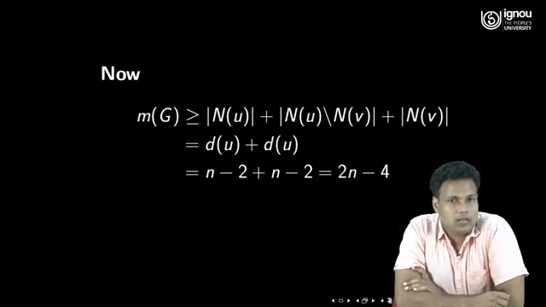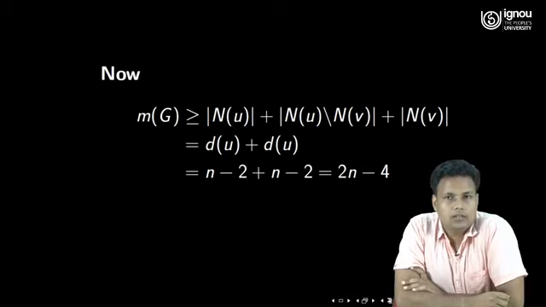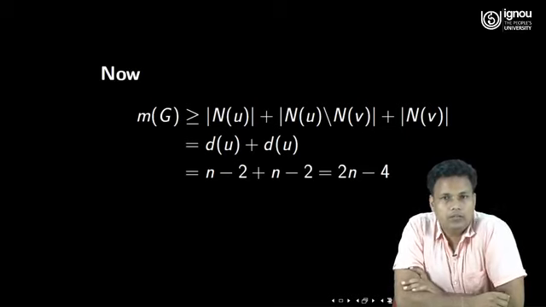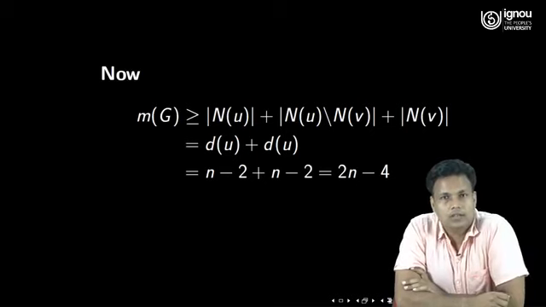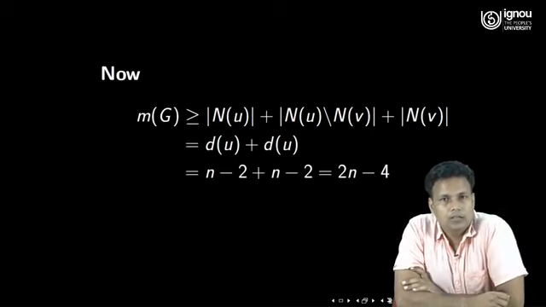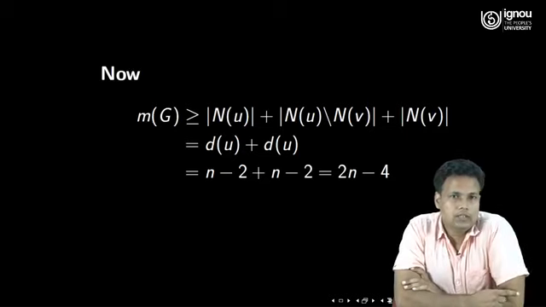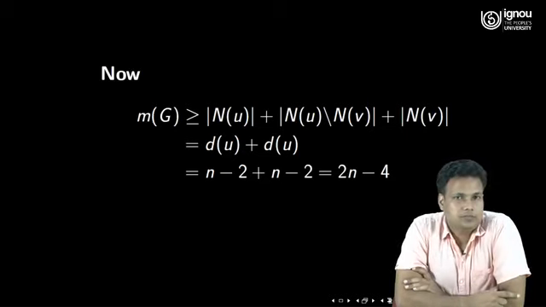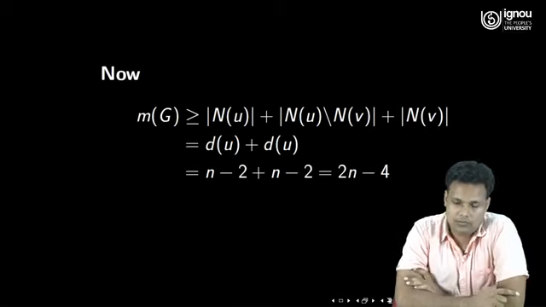The cardinality of N(u) is the degree of u, and the cardinality of N(u) minus N(v) plus the cardinality of N(v) is again the degree of u, which is n minus 2 plus n minus 2, equal to 2n minus 4. Thus, we have proved that the graph has at least 2n minus 4 edges.